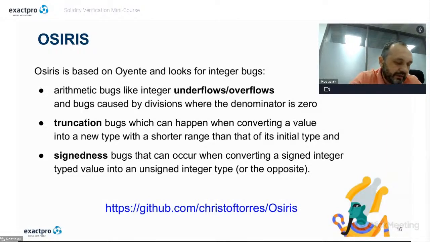These types of bugs are very standard for all smart contracts. So the authors of the tool already did the job for you to specify all the formal requirements to your code to avoid these bugs. And then you just feed your code into this tool. It checks whether these conditions are okay or not.